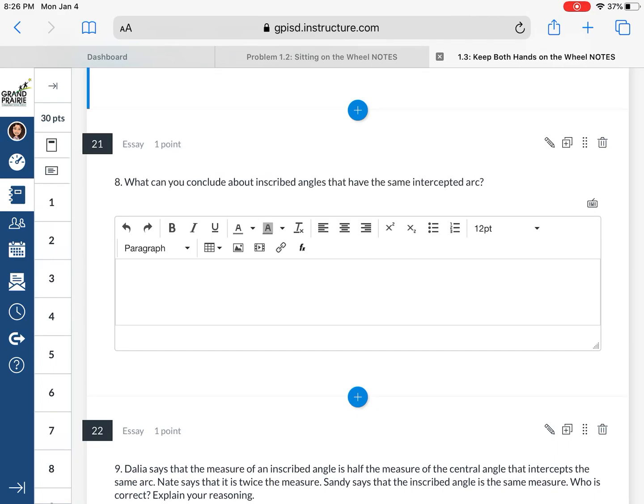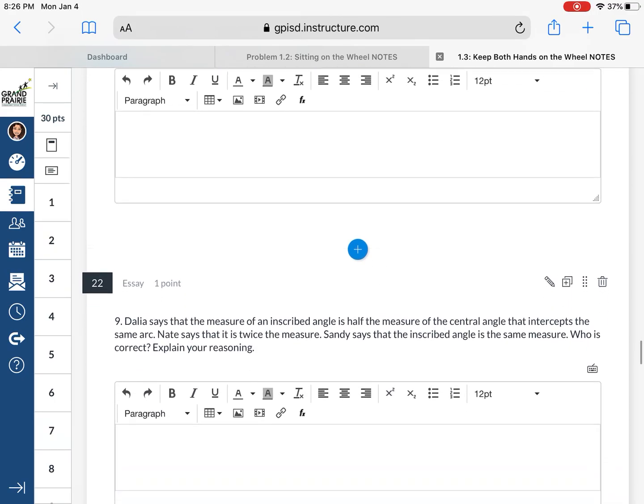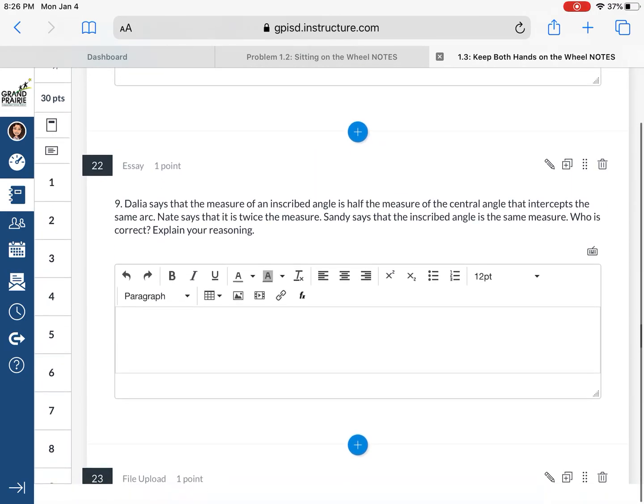If they all intercept the same arc, what do you think we know about all of these angles? If you said that they are equal, you are correct. So basically, if the inscribed angles are intercepting the same arc, they're going to have the same measurement.